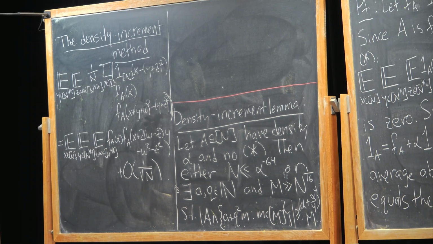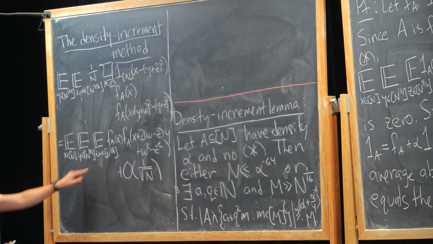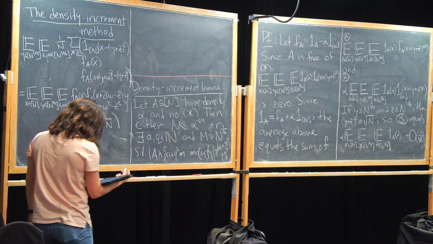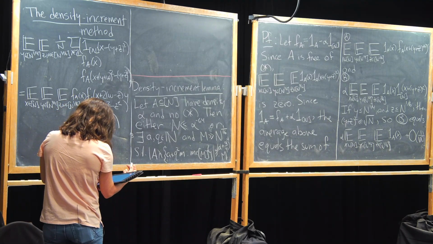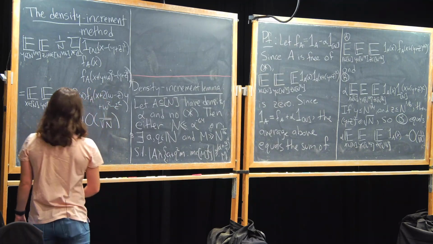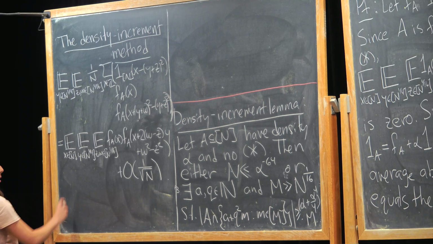Okay, so now we are pretty happy. We're close to being able to get a density increment. Now we'll just apply the triangle inequality one more time.